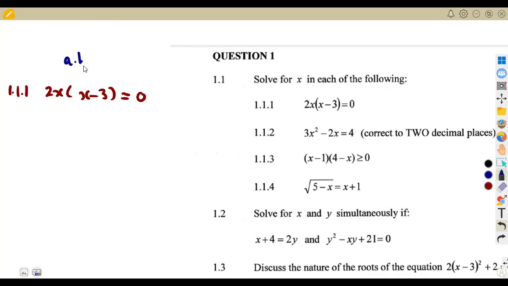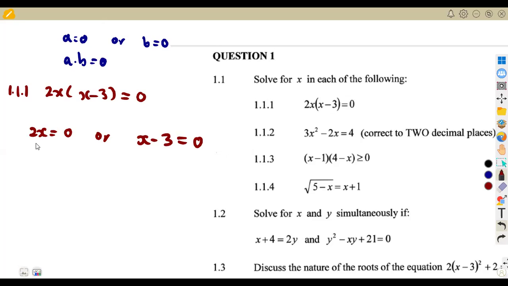Remember, for the product of two numbers to be equal to 0, it means one of these terms must be equal to 0: A must be equal to 0 or B must be equal to 0. So that is the condition, meaning 2x is supposed to be equal to 0, or the bracket of x minus 3 must be equal to 0. That is the condition.